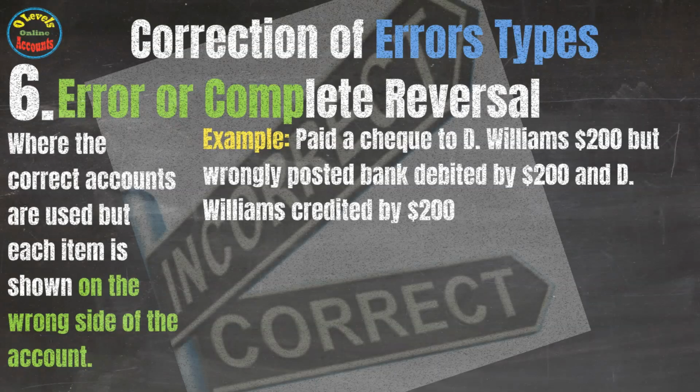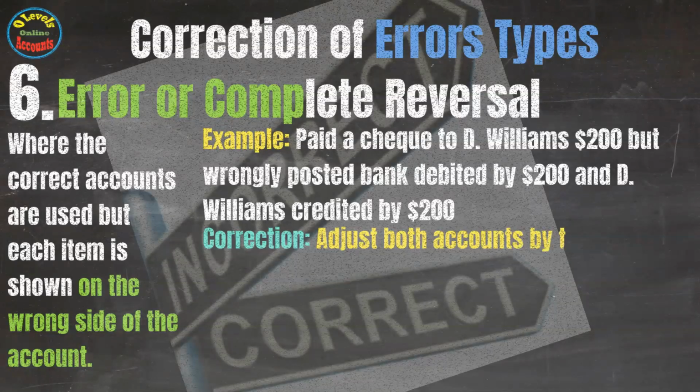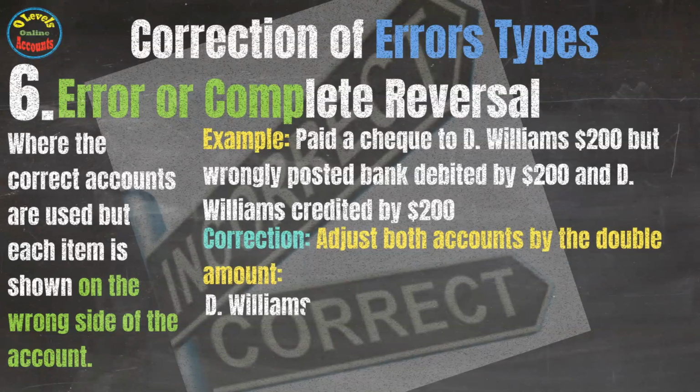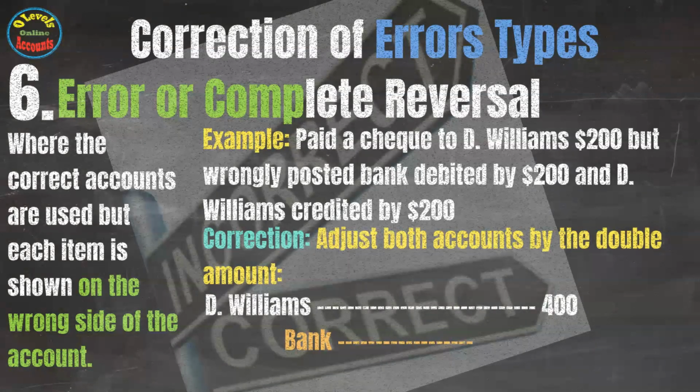Let's check its correction. Correction should be, adjust both accounts by the double amount as follows. D. Williams, debit by $400. Bank, credited by $400.